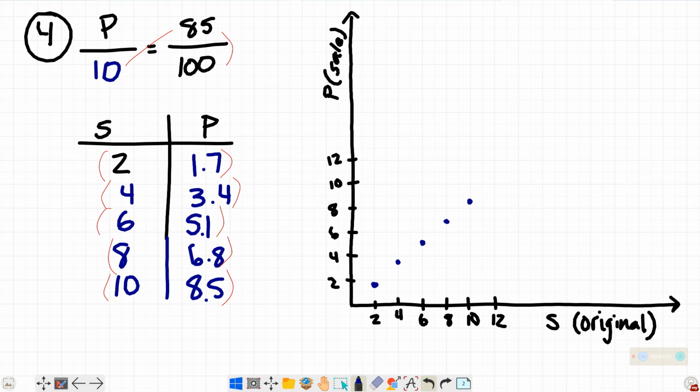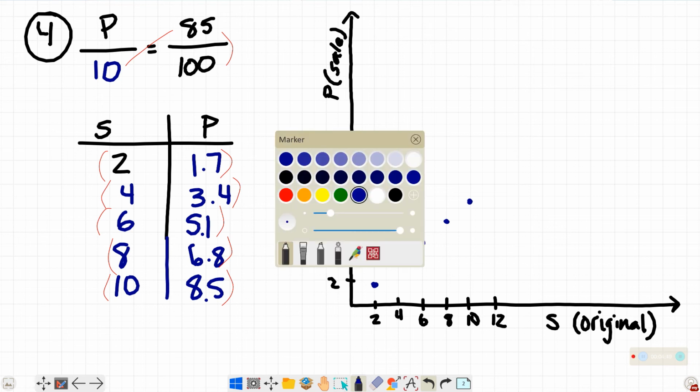I have labeled the graph, and now all we have to do is interpret the point 0, 0, and 1, 0.85.